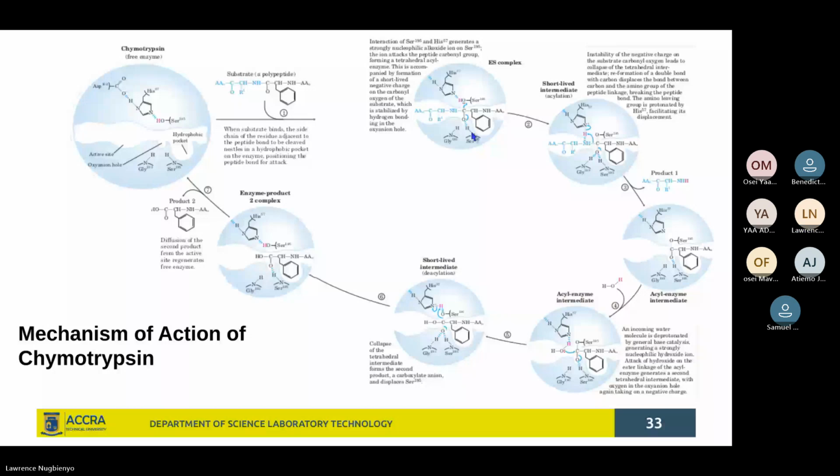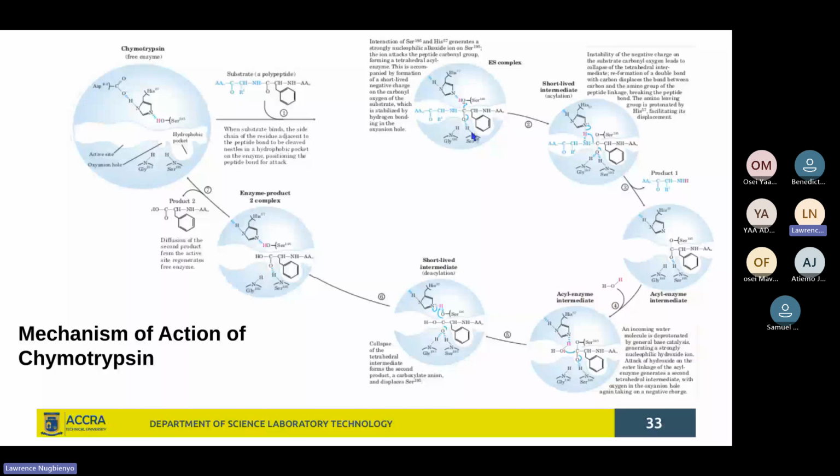Now, what you notice is that these amino acids inside an enzyme have interaction with some specific portions of it. The next stage that you see is that the hydrogen of the hydroxyl group of serine is transferred from it.